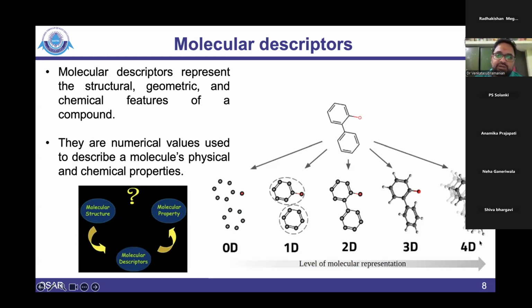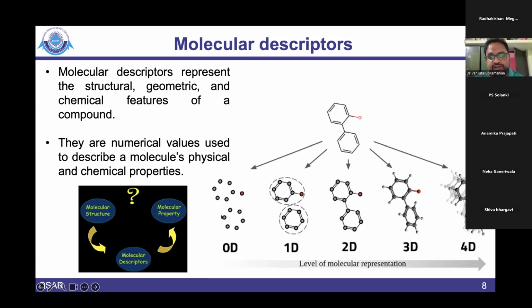Basically, what dimensionality means is that we start with the molecular descriptor. So what is a molecular descriptor? You have the molecular structure, and then there is a molecular property. The molecular descriptors are what we use to connect these two phenomena.